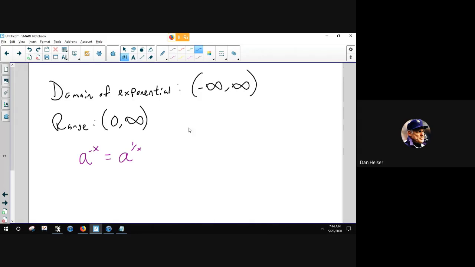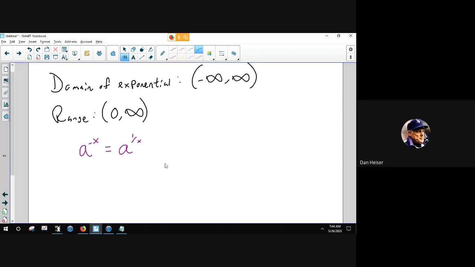In general, the range is going to be positive reals. And another law of exponents that you all should know by now, if we have a negative power, that simply means reciprocal. So a to the negative 3 would really be 1 over a to the 3rd power.